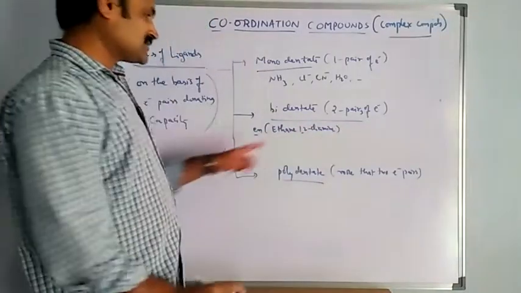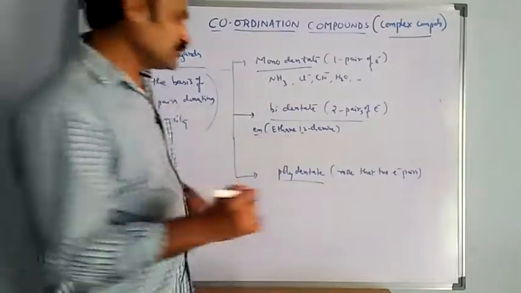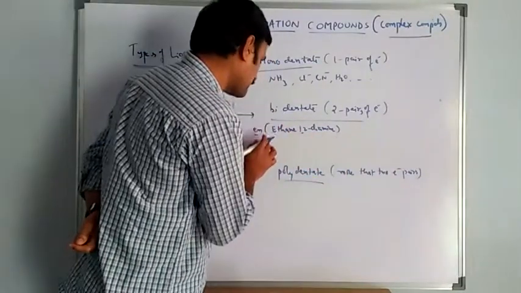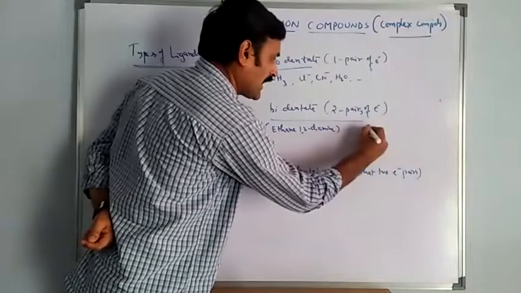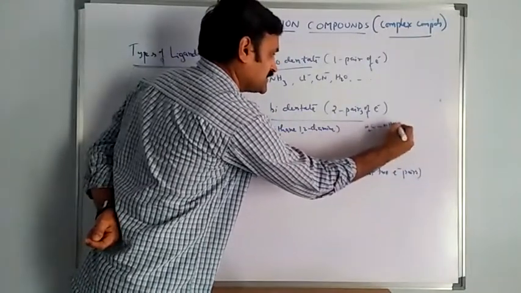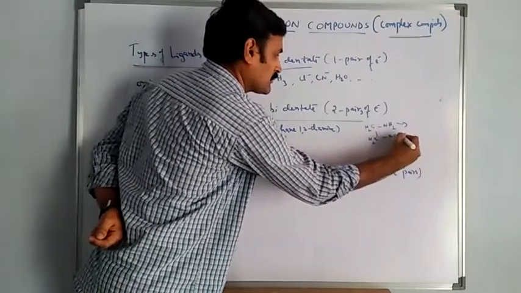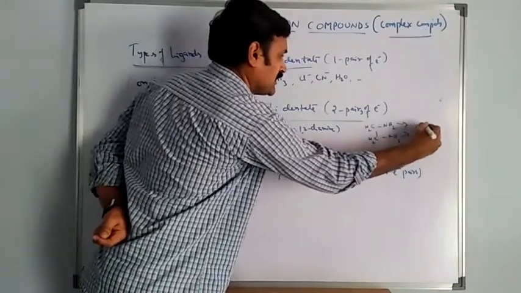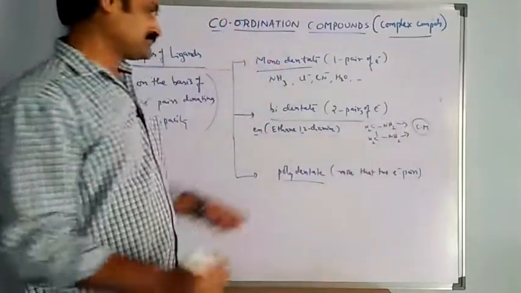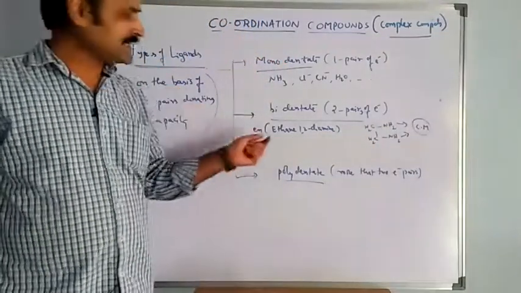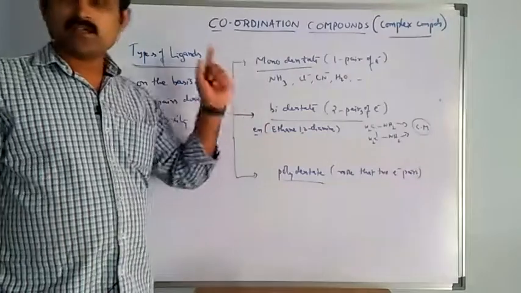In this case, we can say this comes under bidentate ligand, as it has a tendency of donating two pairs of electrons to the central metal. We have to indicate en is a neutral ligand.